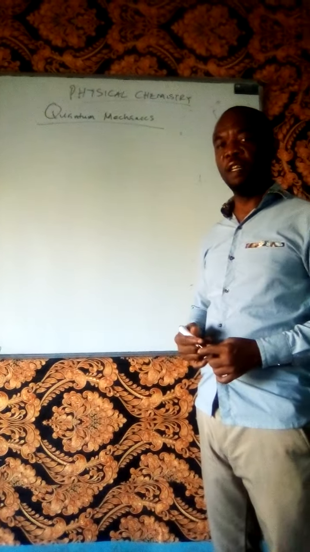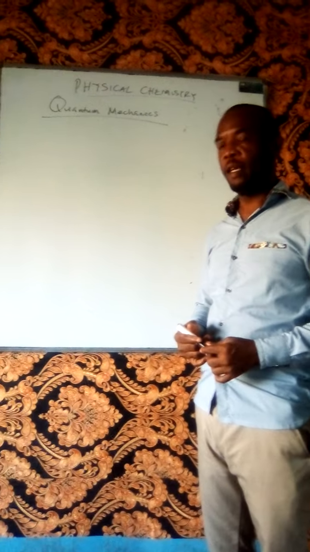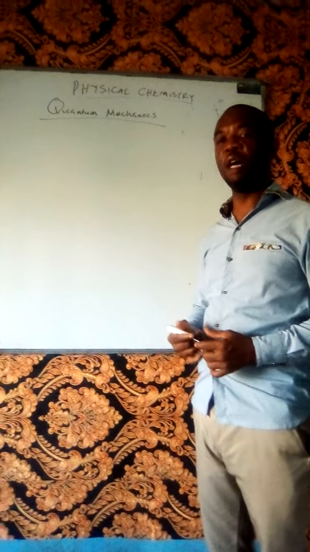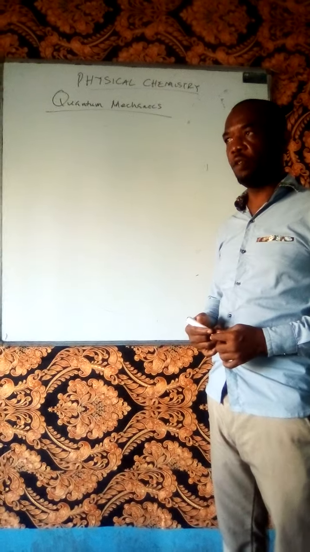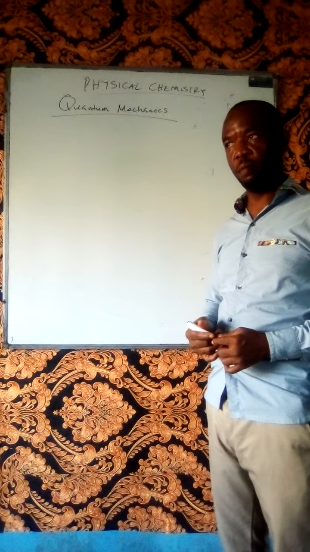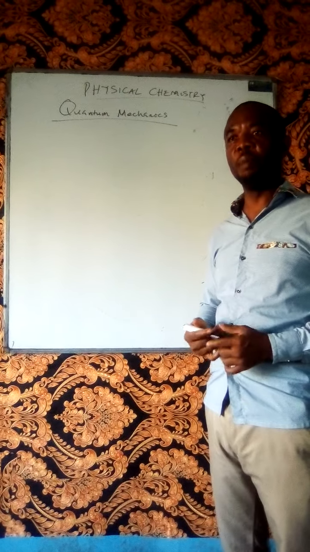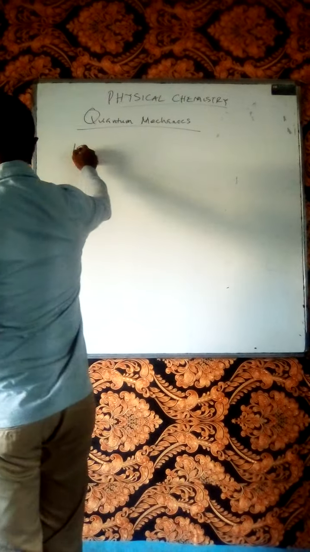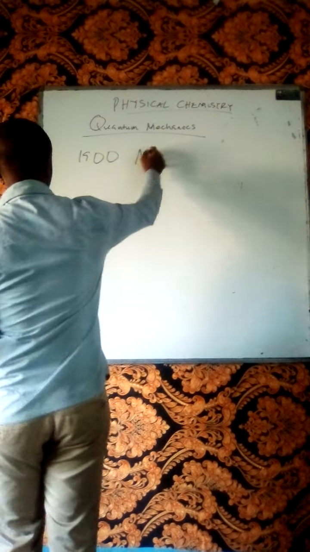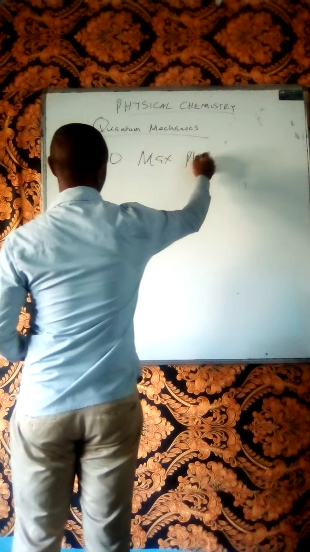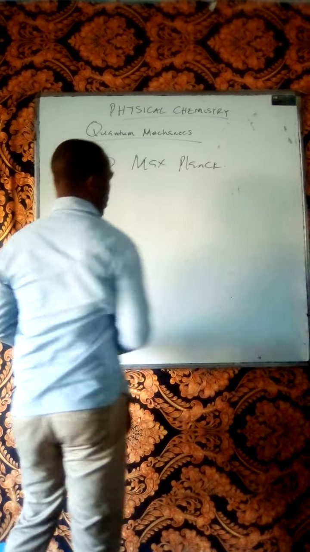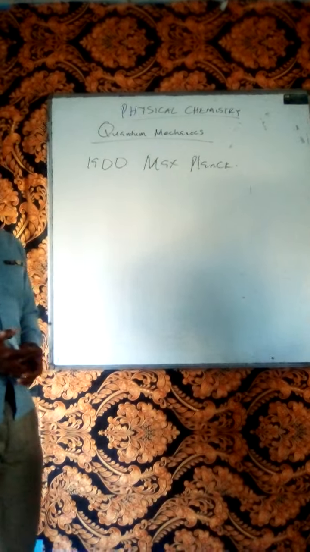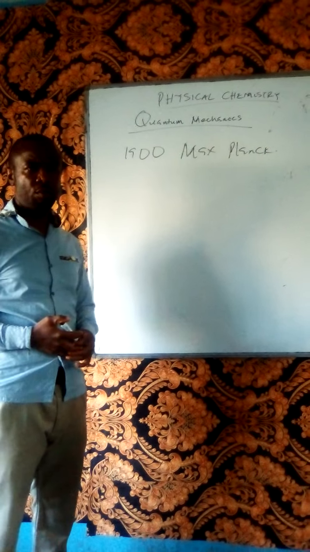Before the advent of the 19th century, scientists were puzzled on how to arrange electrons around the nucleus of an atom. That was a big question, a big problem. In 1900, a scientist known as Max Planck gave us the idea of energy quantization.